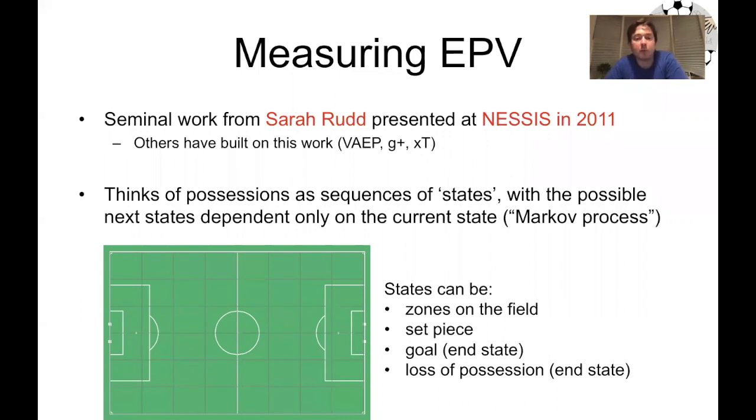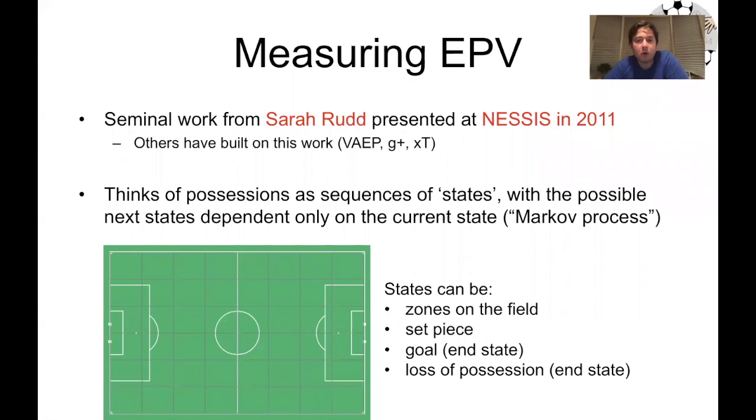But states can also be a set piece. So when there's a corner, that's one state, or a penalty, that's another state. And then there are two possession ending states. One is a team scores a goal and the possession ends, and the other is the team loses possession, either by knocking it out of play or by ceding possession to the other team.